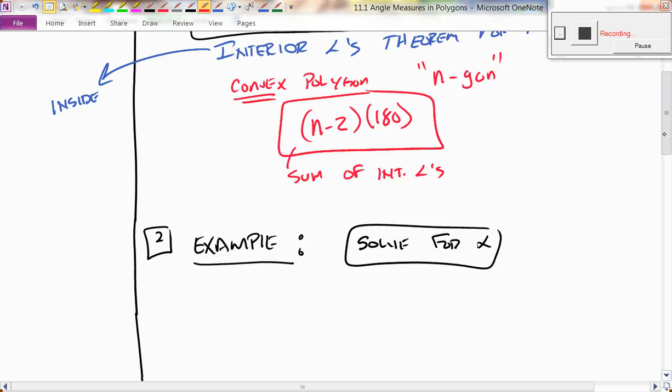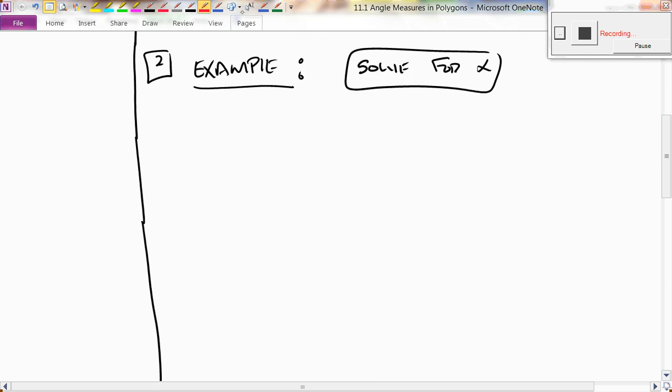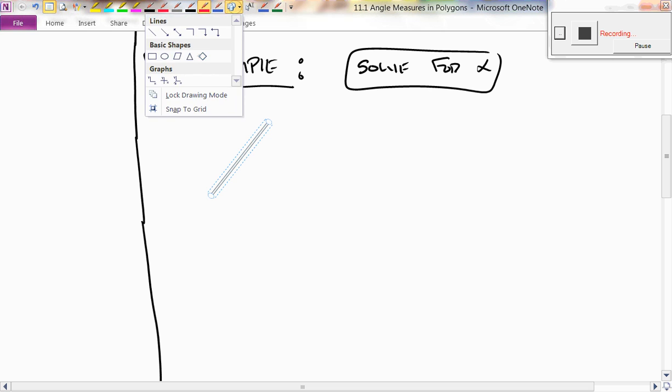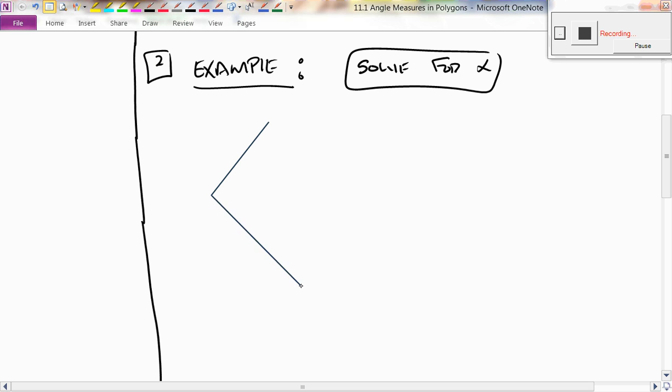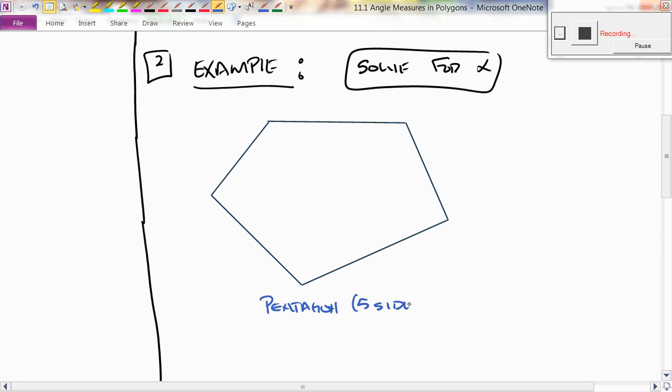All right, now let's do an example together. Take your ruler, give yourself this pentagon-looking figure. How many sides does the pentagon have? 5 sides, very good. So we have a pentagon, and we know a little bit of information about it.